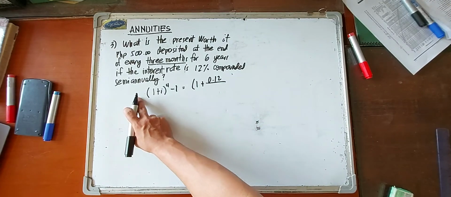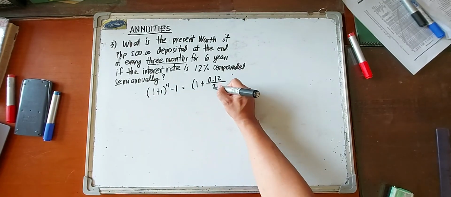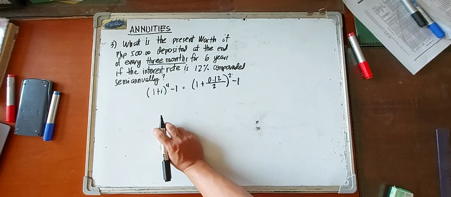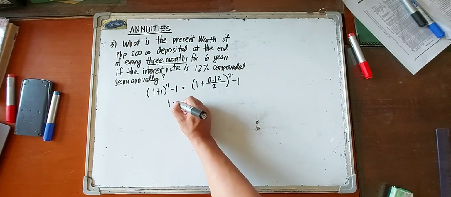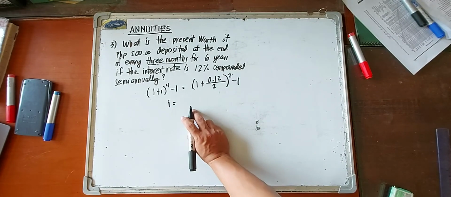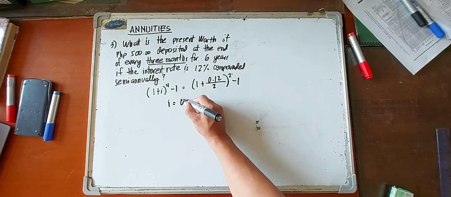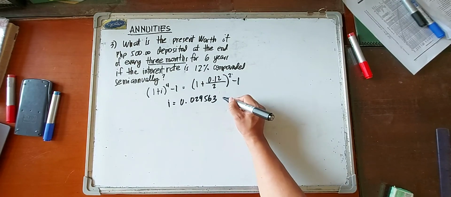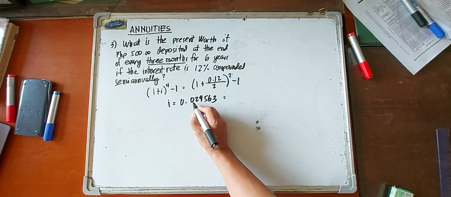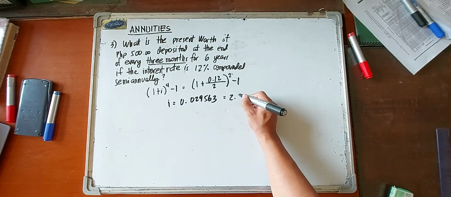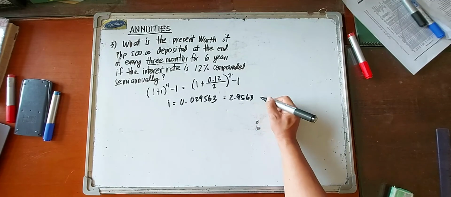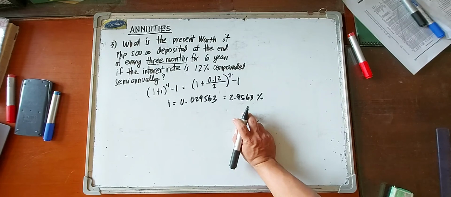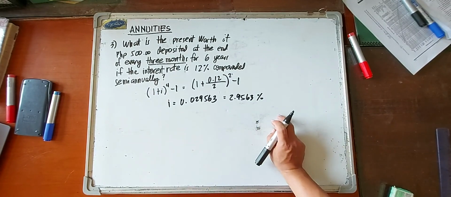Since it is semi-annual, we divide it by 2. Then raised to 2 minus 1. Okay, then solve for the interest rate quarterly. It's equivalent to 0.029563, or it is equal to 2.9563 percent. It's the equivalent interest rate every 3 months or quarterly.